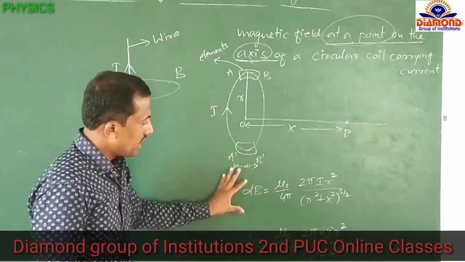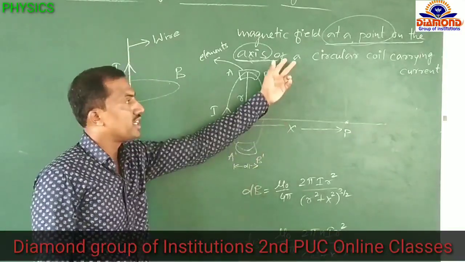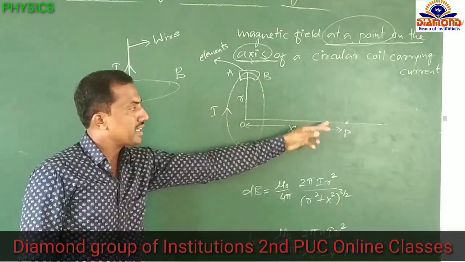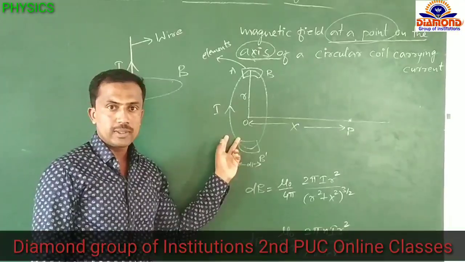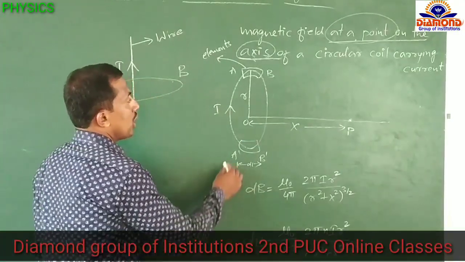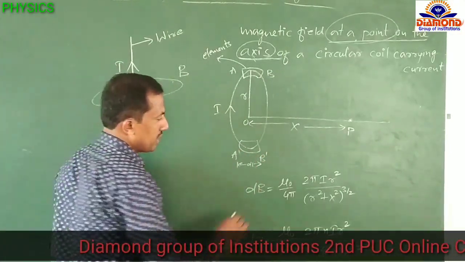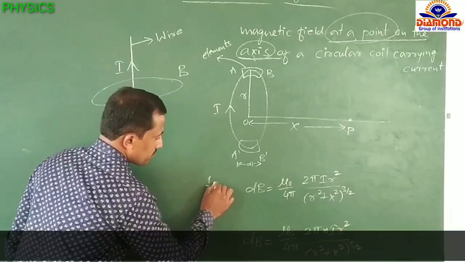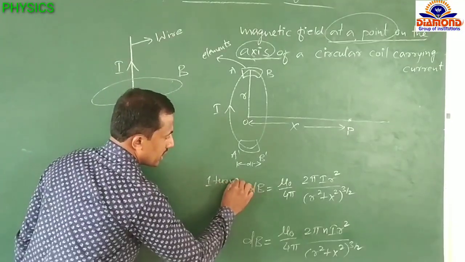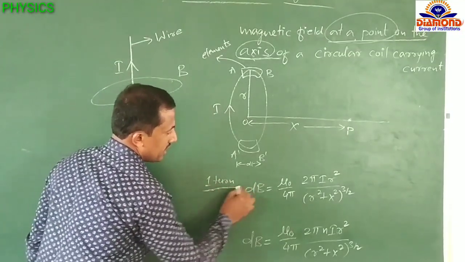This is the final expression of this derivation, the magnetic field at P due to one turn of the circular coil.